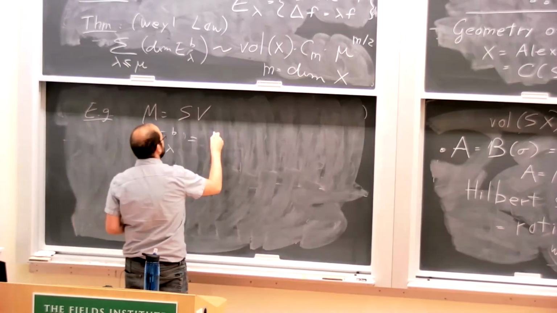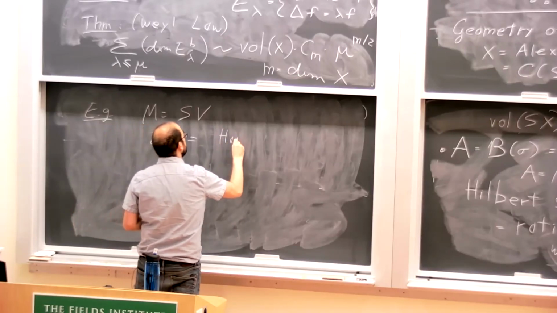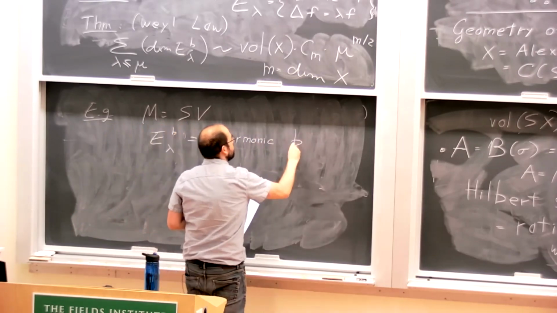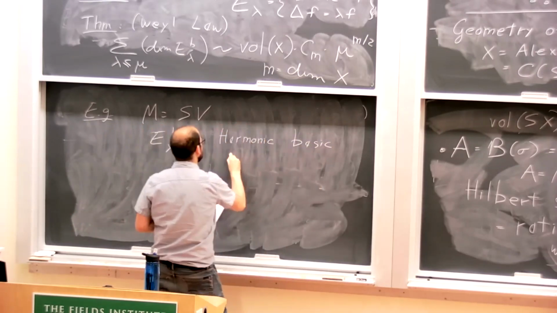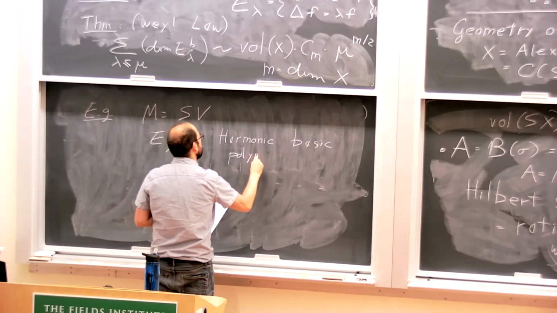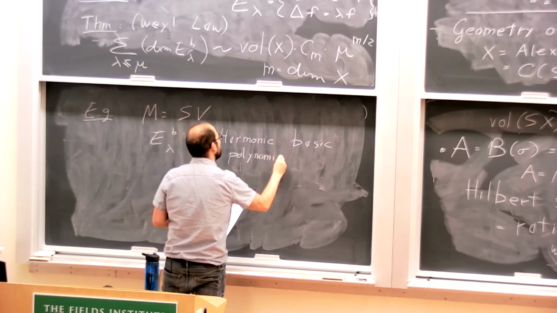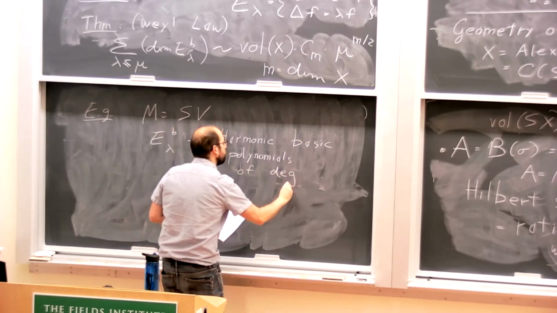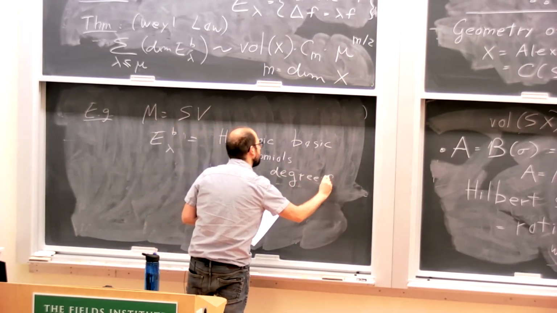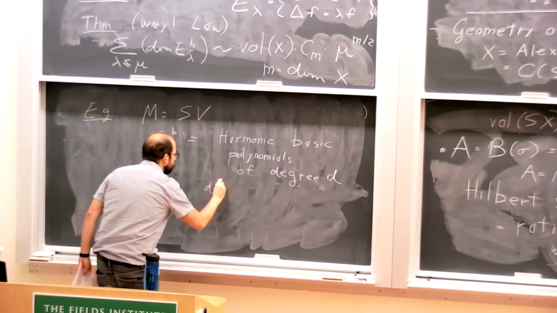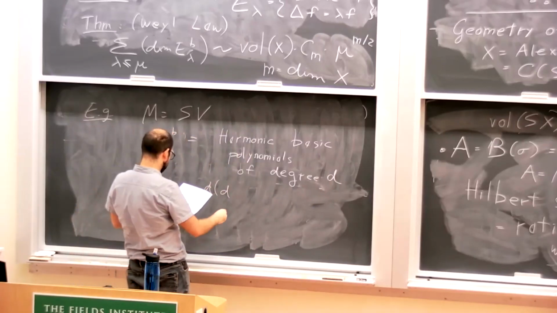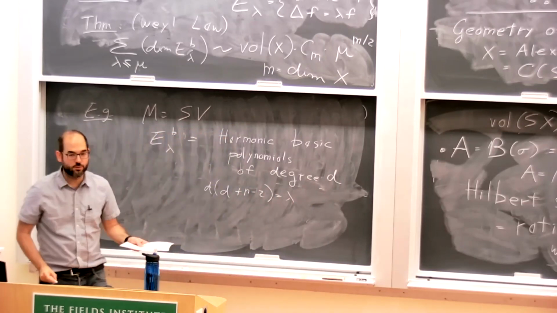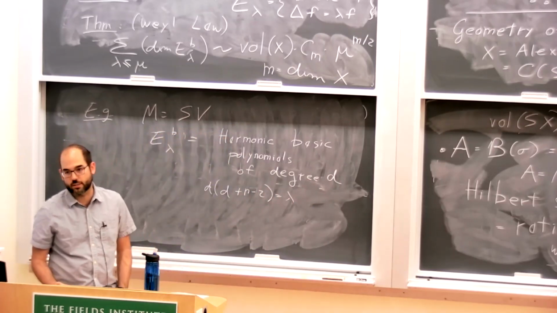You can compute them in terms of the harmonic basic polynomials, essentially of degree d, where d times d plus n minus 2 is equal to lambda. So what I'm alluding to here is the theory of spherical harmonics.